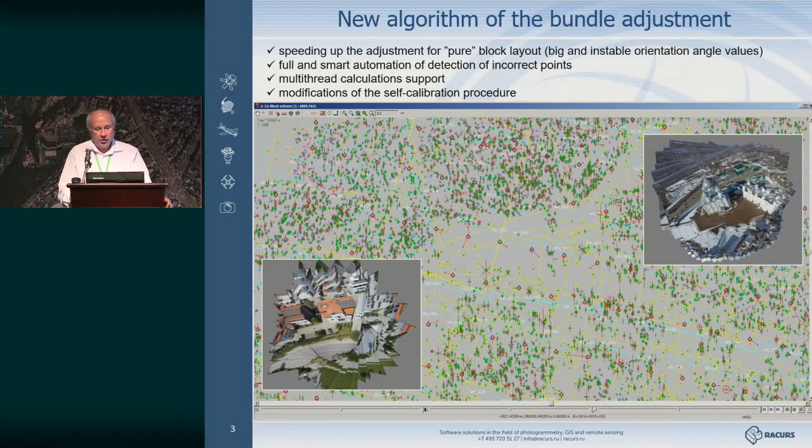The new bundle adjustment algorithm has benefits that are best represented on these two images when there are great angles of flight. So this new algorithm is better suited to support such flight specifications.